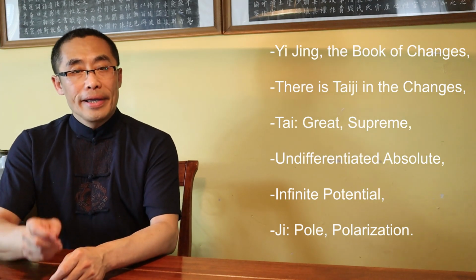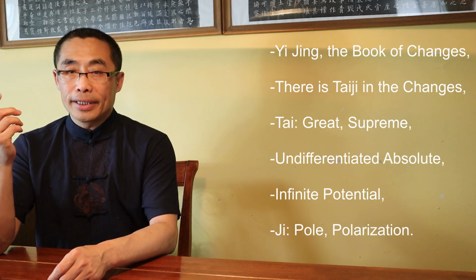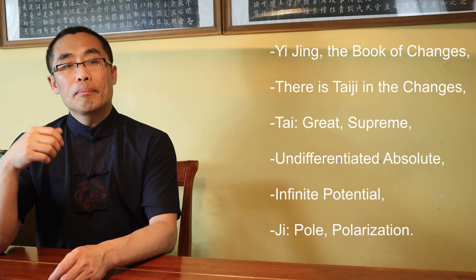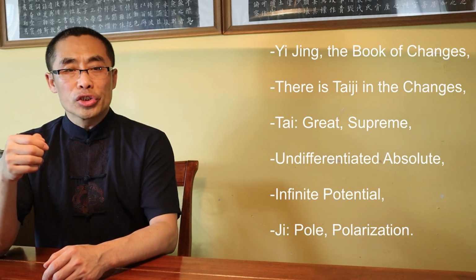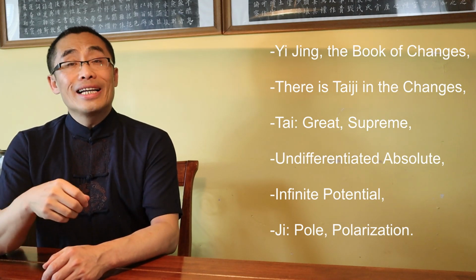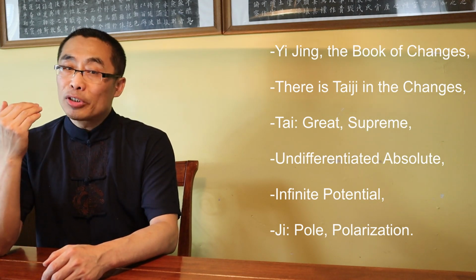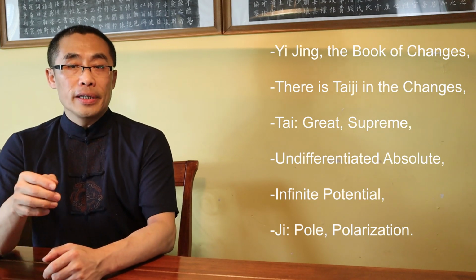Here, Tai is synonymous with great or supreme, but it is also interpreted as undifferentiated absolute and infinite potential, since it can generate other entities. Ji means pole or polarization. However, there are multiple explanations of the meaning of Tai Chi, and they are disputable.